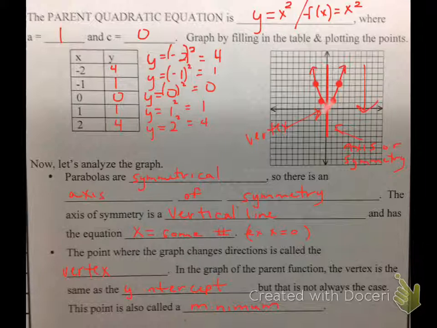No. So the minimum it can go is 0. Okay? If I flip it over and I have a graph like this, you would ask yourself, does the graph go any higher than whatever that vertex point is? And your answer would be no. So that would be a maximum. So that's a max.